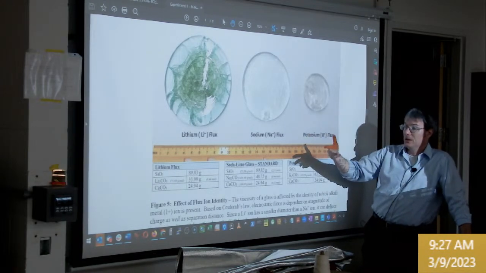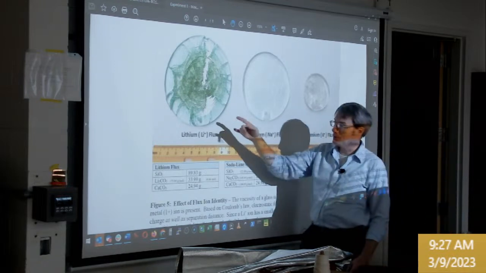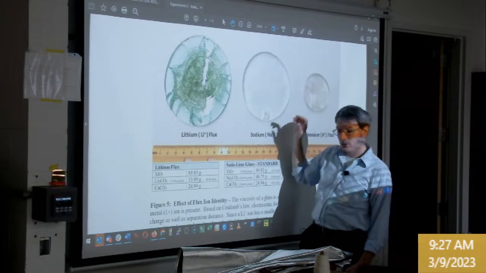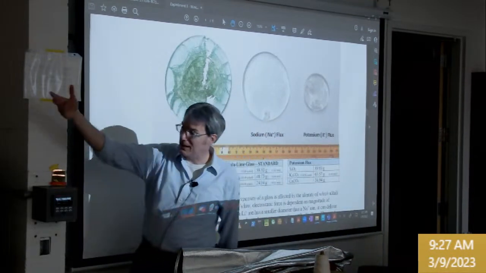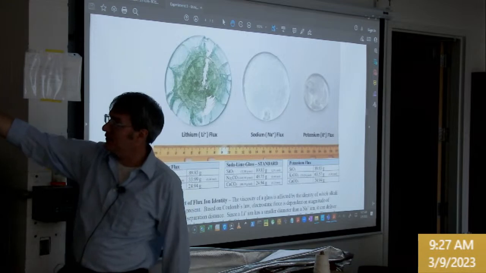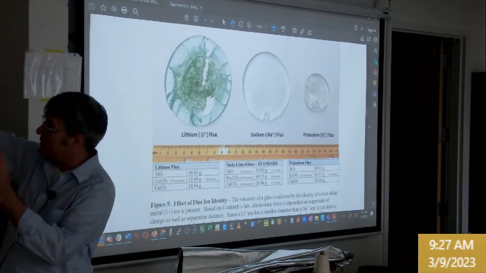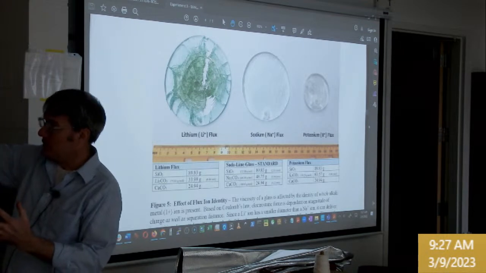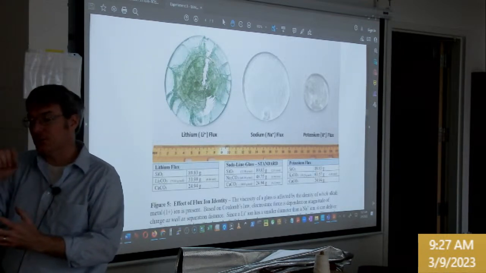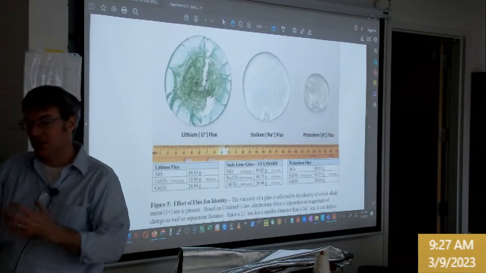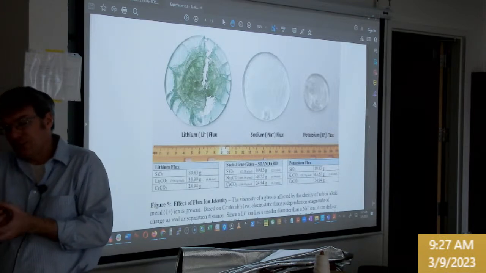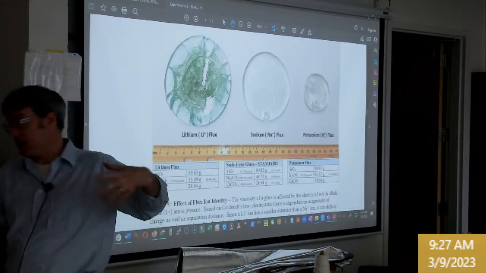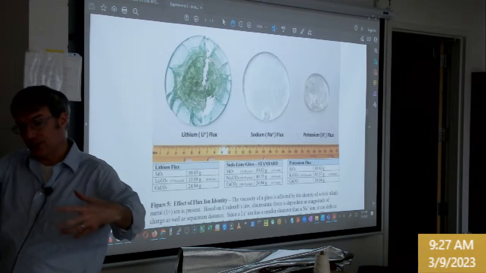If we compare, low viscosity gives a large disc, medium gives a medium disc, and high viscosity gives a small disc. It's counterintuitive because it's opposite of the diameter. Lithium has the smallest diameter, sodium's intermediate, potassium's larger. Lithium is so small with a +1 charge that it can move faster and get closer, so it fluxes more effectively than potassium, the big one of the group, which has a harder time moving around.